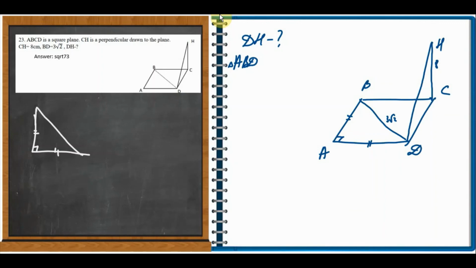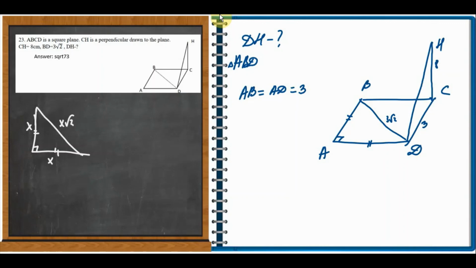If those legs are equal, we can say that the hypotenuse is going to be square root of 2 times the leg. Therefore, we can say that AB is equal to AD and all the sides are equal. It's just 3. Now, let's write that 3 on DC.